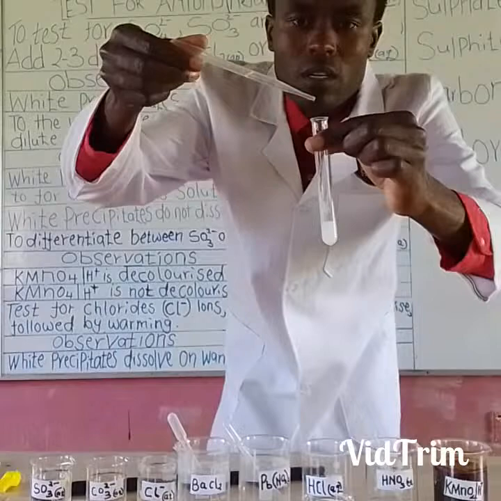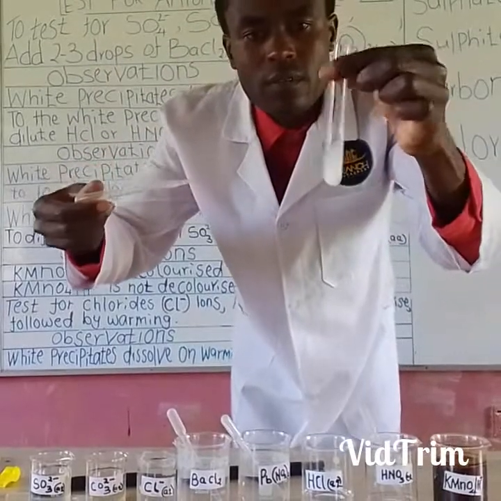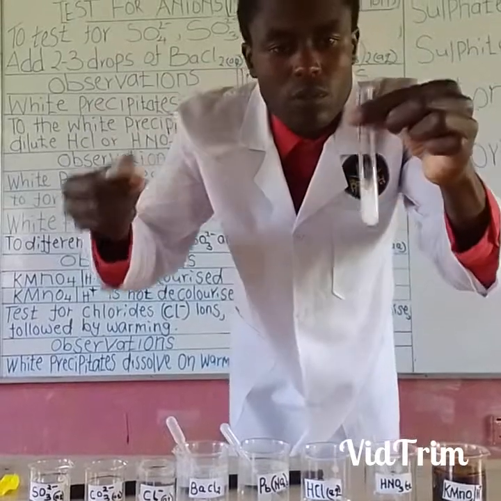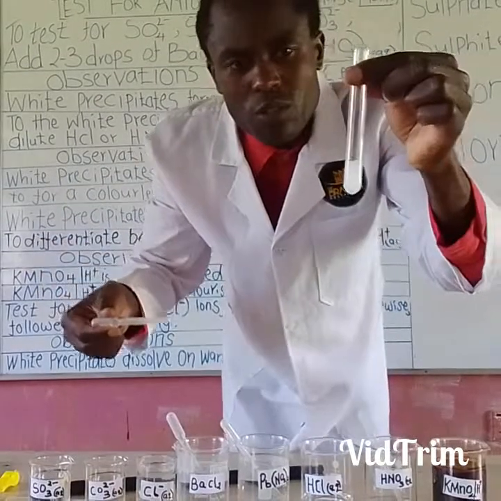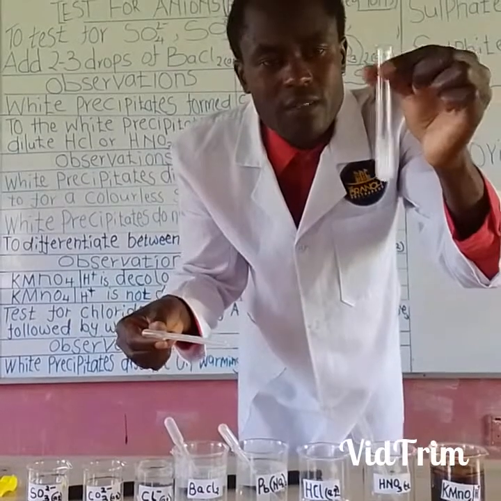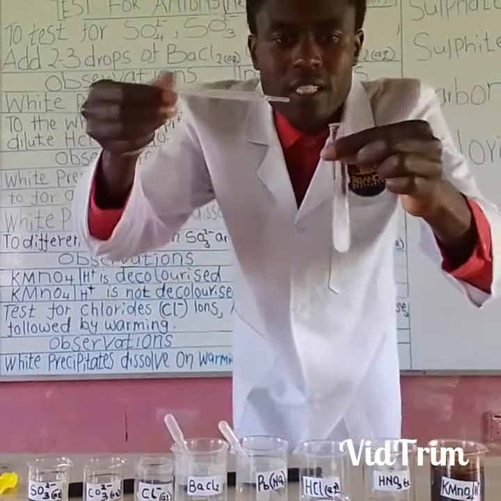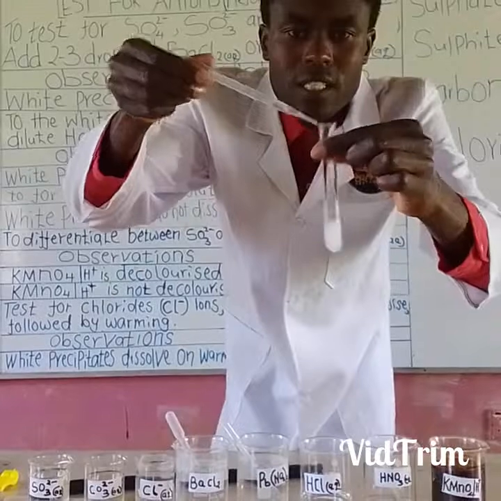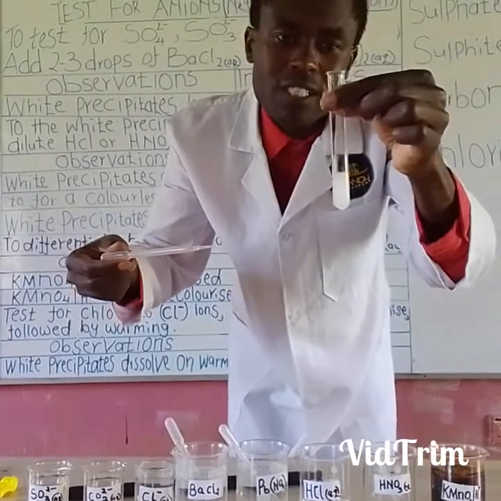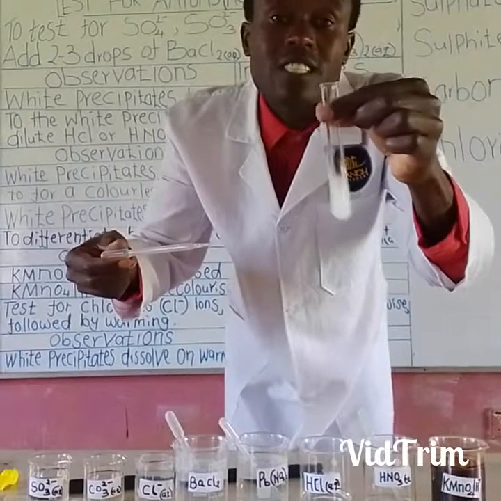Let us go. 1, 2, and also you will see some gas bubbles, what we refer to as effervescence. As I add the acid, you see the effervescence, you hear the hissing sound.